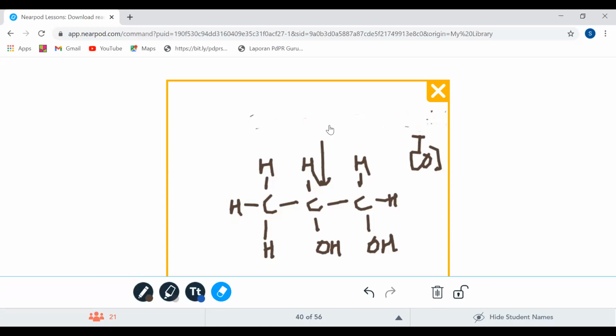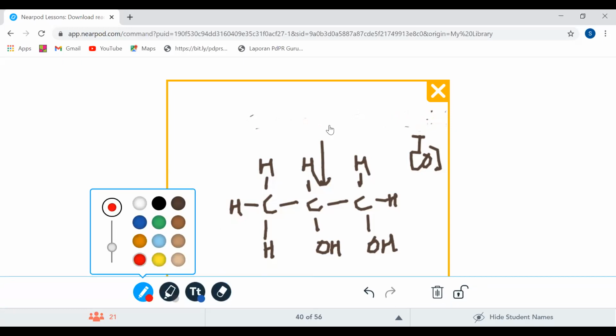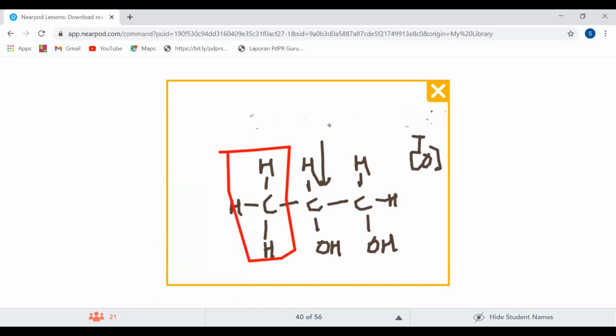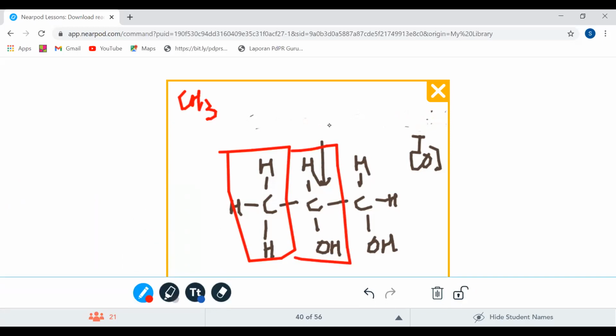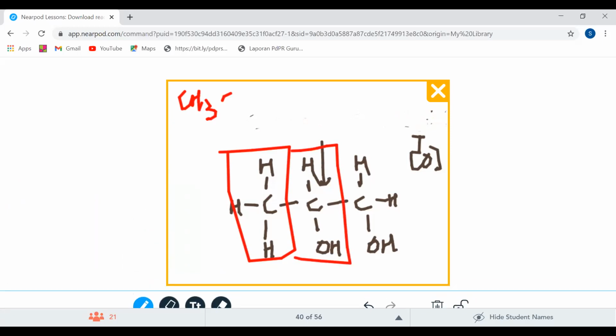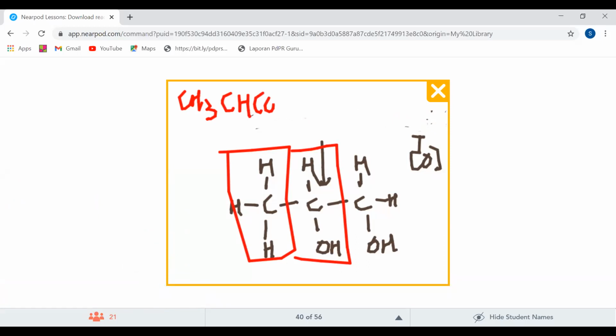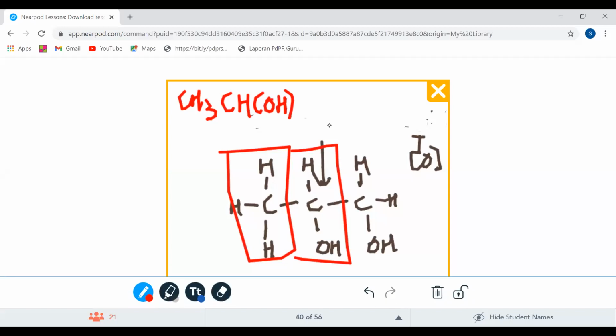Now let me show you the correct way of doing it. If I follow Amir, I do this one first, CH3. Then I do this one. What does my carbon have? My carbon has carbon, OH, hydrogen, OH. Can you see that? Yes, sir.